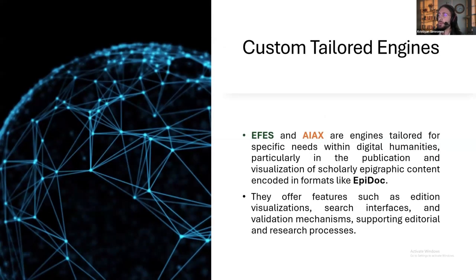Okay. So we have custom tailored engines like FS and our own Ajax. They're examples of engines that are tailored for specific needs within digital humanities, particularly in the application and visualization of scholarly content encoded in formats like EpiDoc TEI.